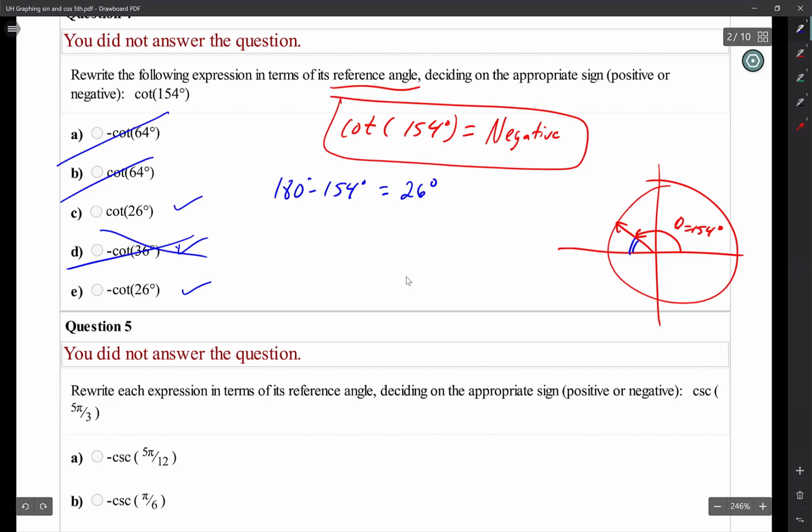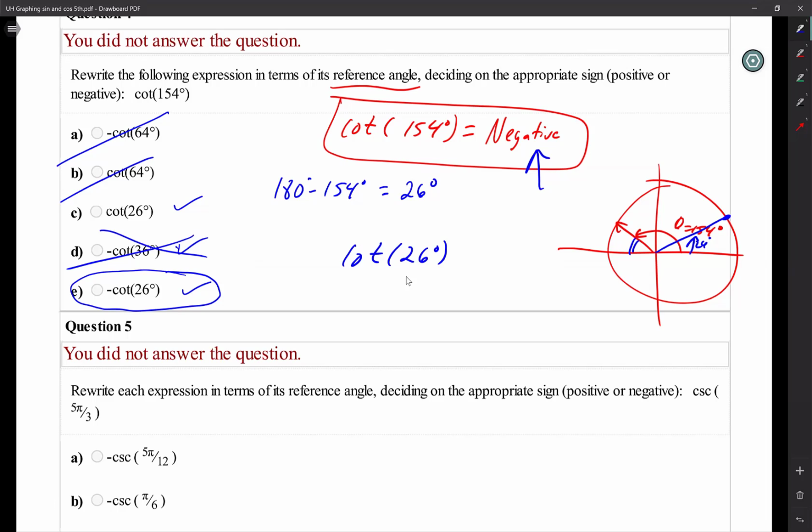So it's between C and E. Cotangent of 26 degrees, well, if I just put 26 degrees right there, I know it's not perfect. Cotangent of 26 degrees, that would have been positive. Yes or no? But do I want it to be positive? No. So the one that will give me the answer is letter E. Because I need my cotangent of 154 to be a negative number.